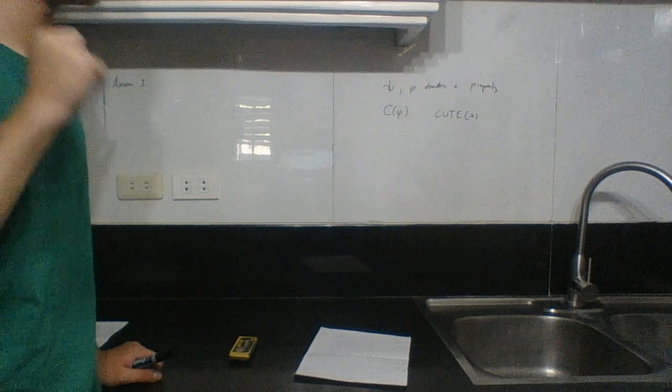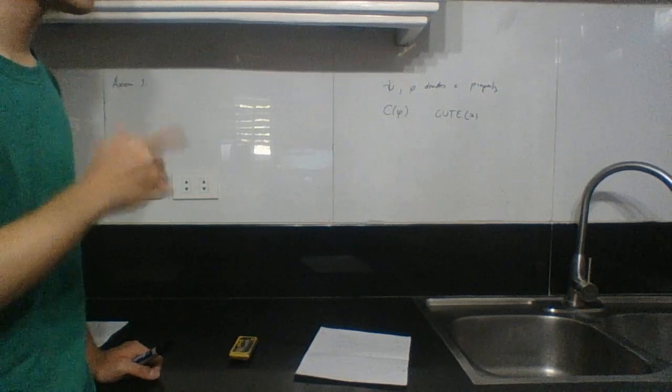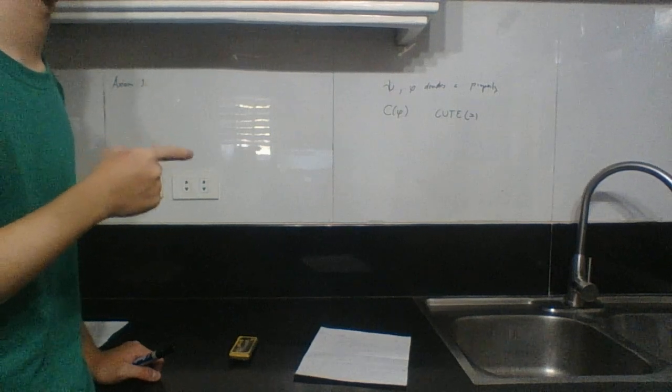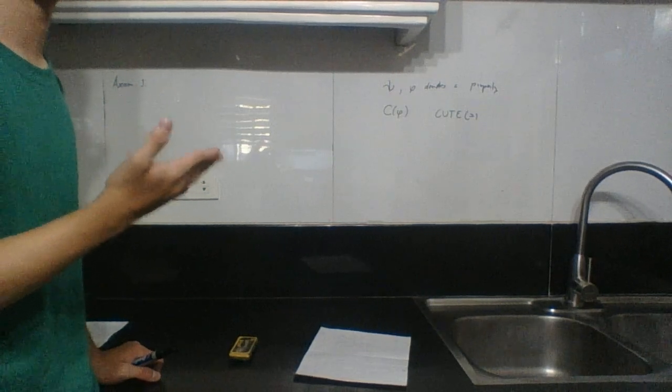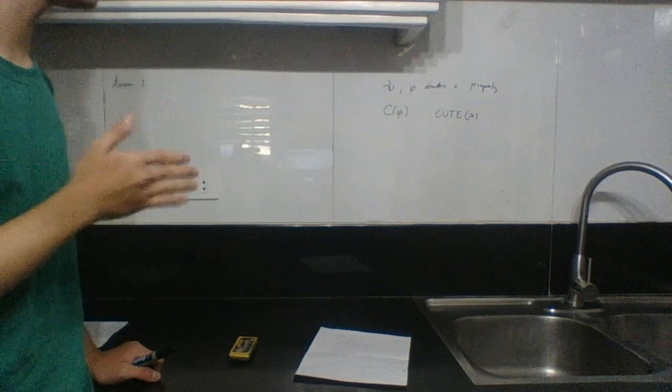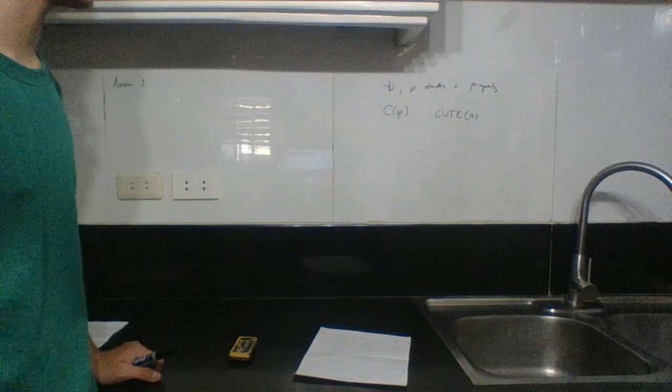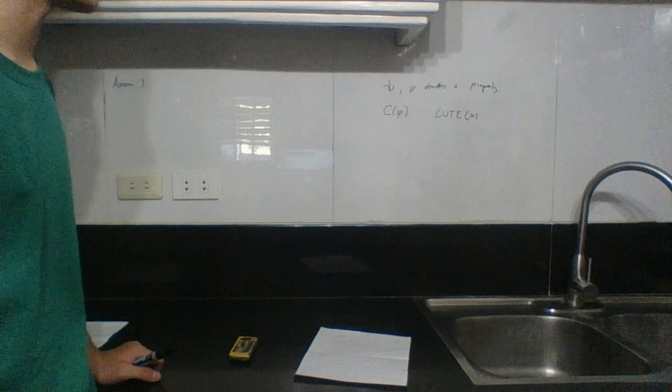Now, I need to clarify to you guys first that although I am calling X here an object, I am not treating your crush, who is a human being, as an object, okay? What we're simply trying to do with this proof is show that there is an entity or an object that is extremely cute, that contains all the cute properties.